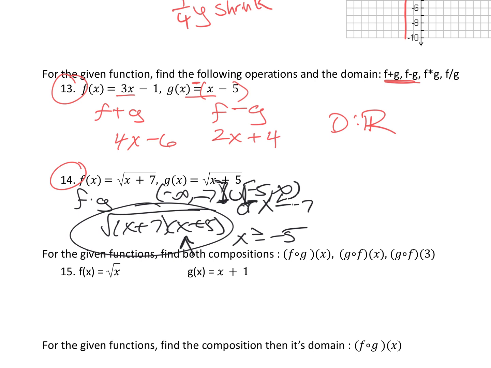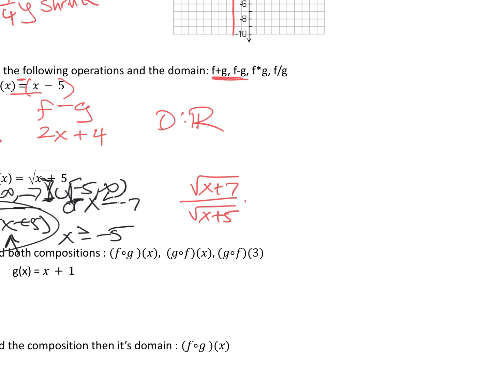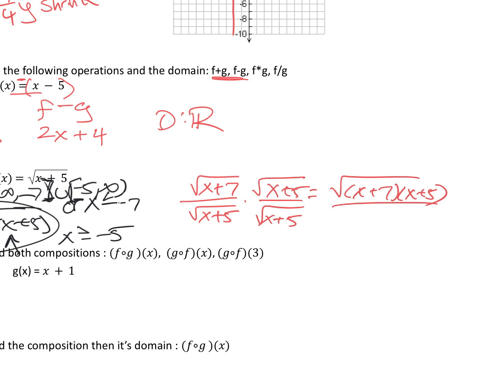Okay. And then finally, dividing them, square root of x plus 7 over square root of x plus 5. The only thing that might be helpful is remembering how to rationalize your square roots. So square root of x plus 5 over square root of x plus 5. Again, you do not need to feel like you need to multiply out that numerator, but we know that this would be the function.